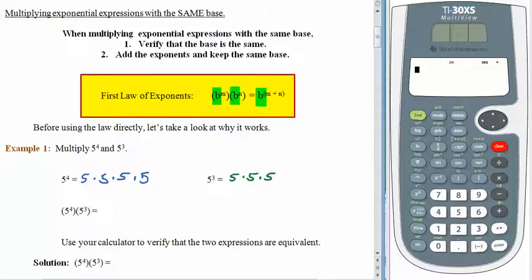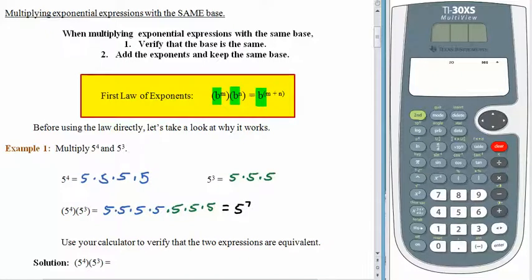So if we were multiplying 5 to the 4th power by 5 to the 3rd power, then we would have all of these blue 5s multiplied by these 3 green 5s. And it's pretty easy to see that when we get done, we're going to have 7 5s all multiplied together.